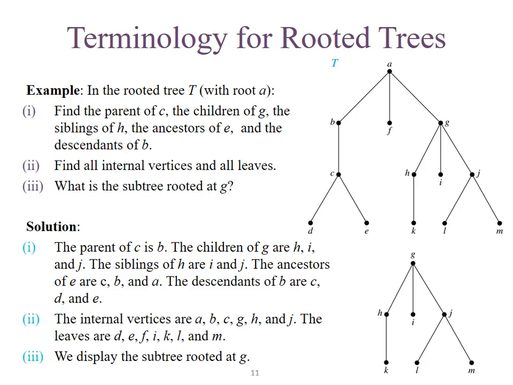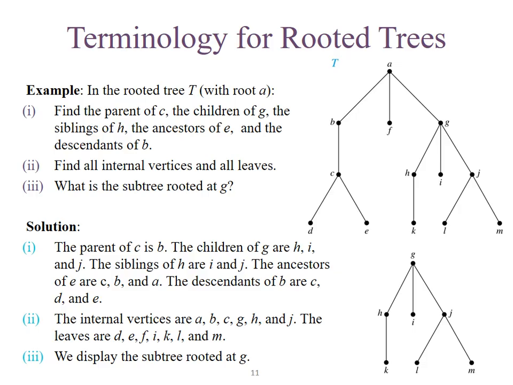Find the parent of C. Because we have an edge from E to C, E is the parent of C. Then the children of G: the children of G are H and J. Then the siblings of H. Siblings means they have the same parent, just like brothers and sisters who have the same parents.